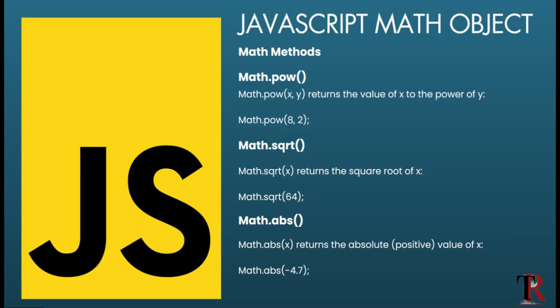Now, moving on from that, we have the math.absolute method. The math.absolute method returns the absolute positive value of x. So it returns the positive value of a number. If you look at this example, math.absolute of minus 12.7, what do you think would be the output?